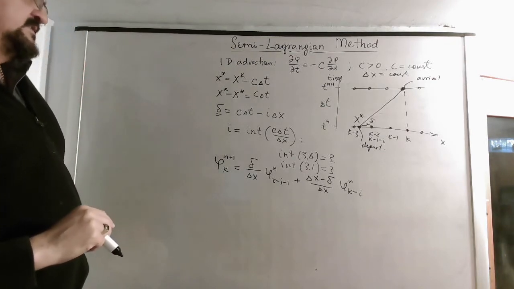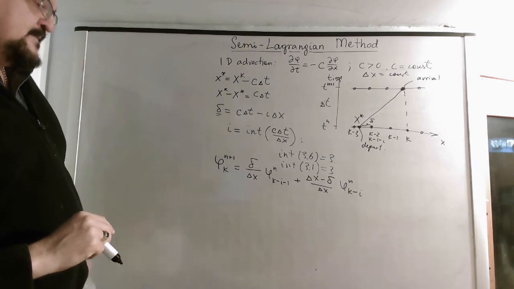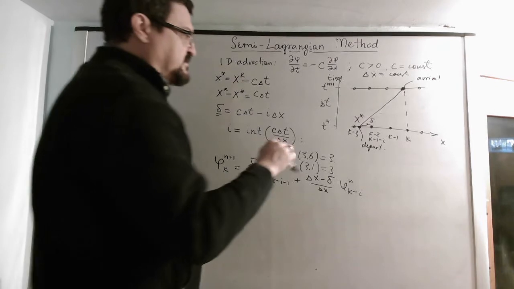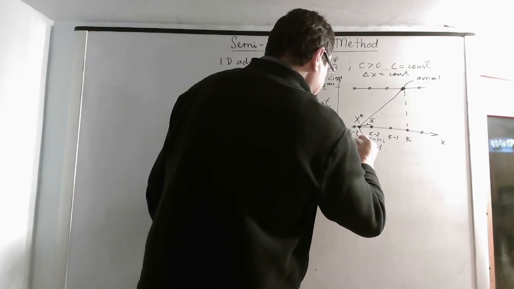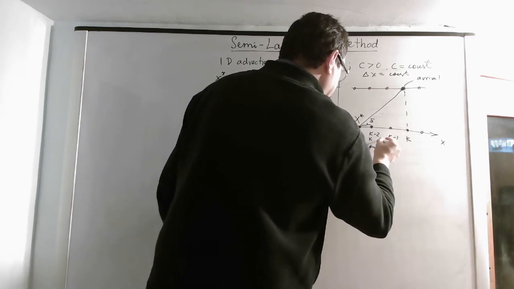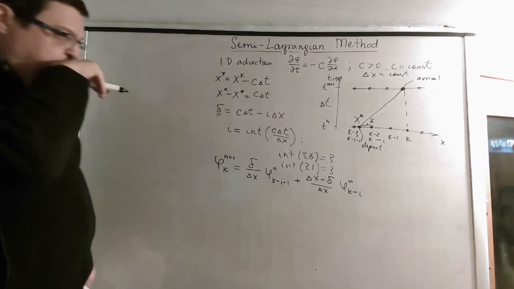I believe I did it right. No, actually this point is k minus 1 minus I, and this one is just k minus I. Yeah, that's more like it.